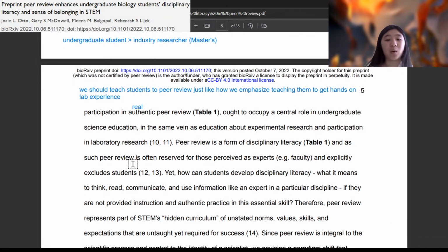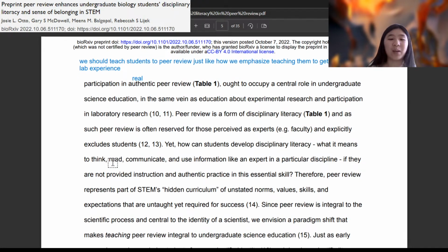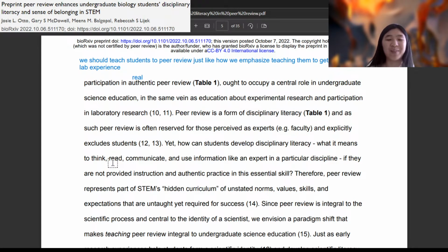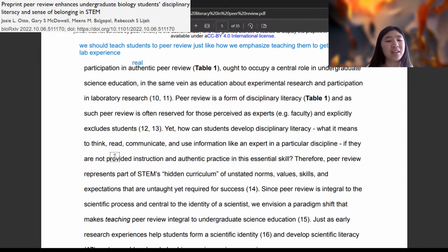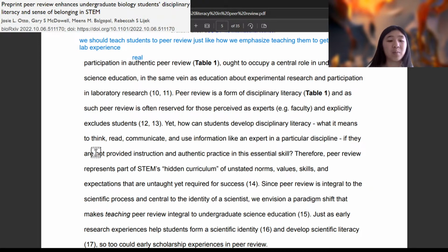Peer review is a form of disciplinary literacy, and as such, peer review is often reserved for those perceived as experts, such as faculty, and explicitly excludes students, because students are considered dumb and don't know anything yet. Yet, how can students develop disciplinary literacy if they are not provided instruction in authentic practice in this essential skill?